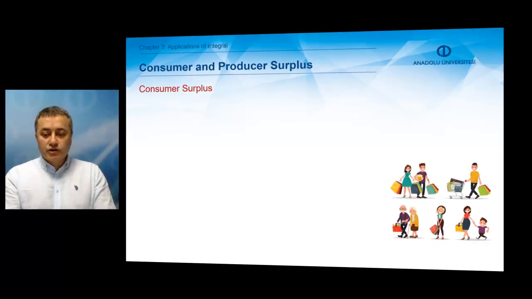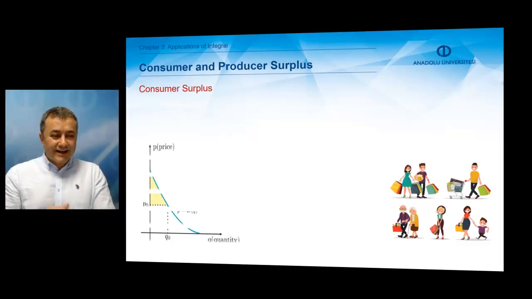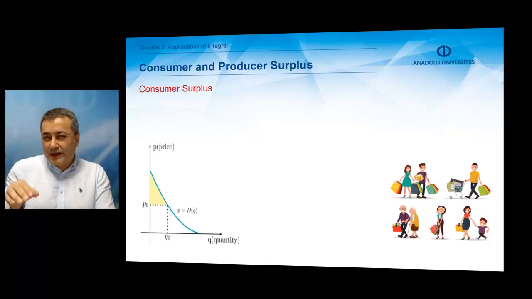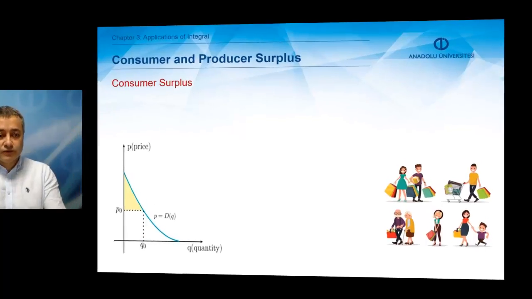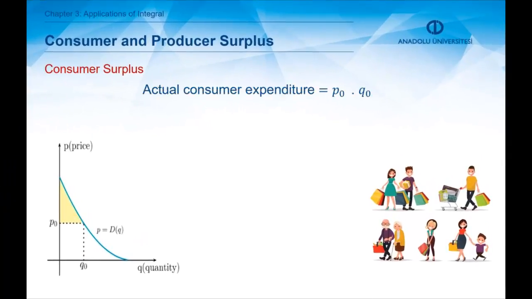Now we are going to talk about the consumer surplus. If consumers may buy a product at a price lower than the price they are willing to pay, this may be considered as a gain for the consumers. This extra amount, which is less than what they were willing to pay, is the gain of the consumers, and it's denoted by this yellow area.